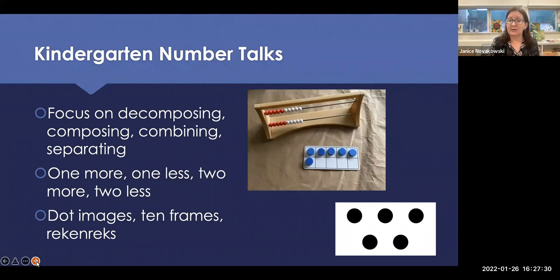And you might use dot images like on the bottom right, 10 frames like in the middle, or Rekenrek, which is a 5-based abacus that you can see on the top there. And you could hold those up as a concrete material or as an image for students to talk about. And that's how we sort of start into number talks with our earliest learners.